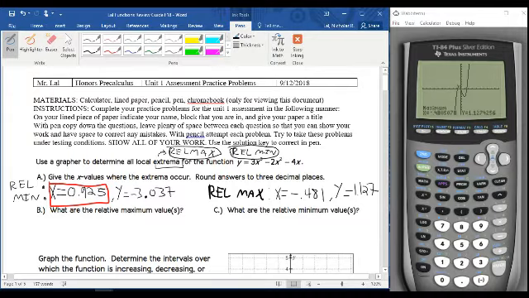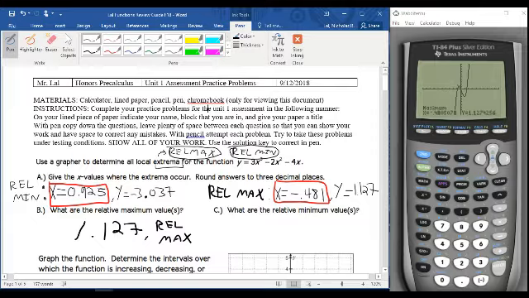All right, now for answer A, we're just worried about the x values, and then for B and C, we need to find the relative maximum and minimum. Those are just the y values, so that's going to be 1.127. That's a relative max.